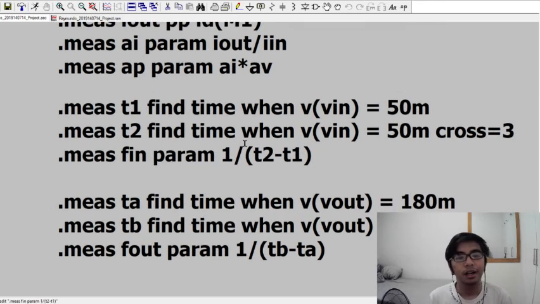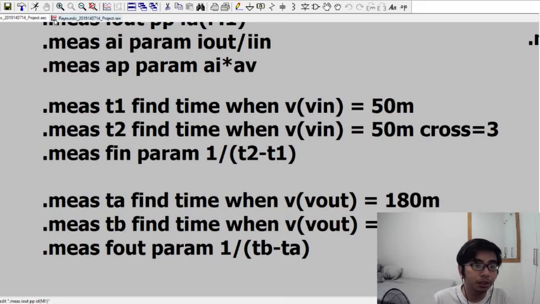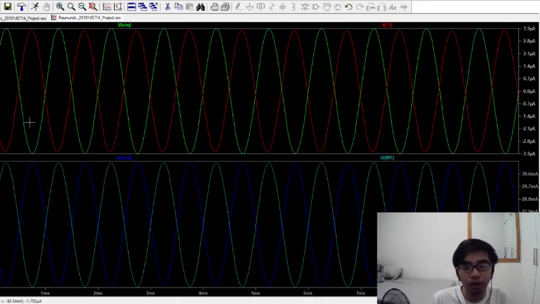We find T1 and put it at 50. As the instructor said, when choosing the value, we put it in the middle, or choose any value as long as it is from the middle towards the top.